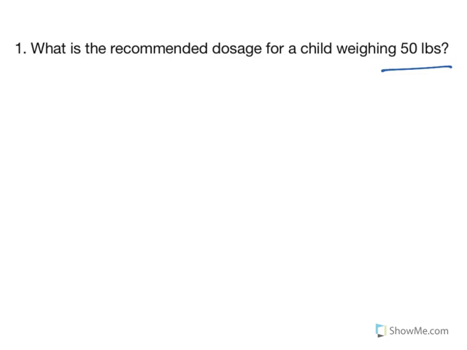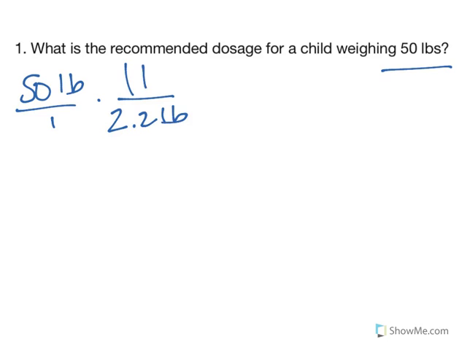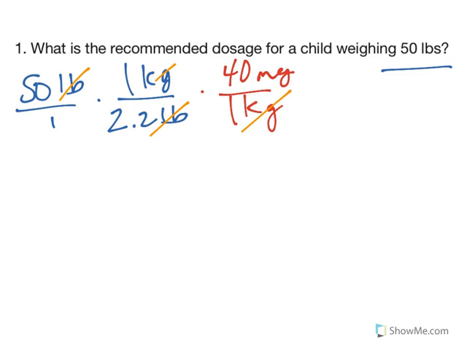So we first need to change our 50 pounds to kilograms. Right, so they tell us that 2.2 pounds is a kilogram, and we know that that makes my pounds disappear. And then we are also told that our dosage is 40 milligrams for 1 kilogram, and that makes my kilograms go away. So I am now at 909 milligrams.